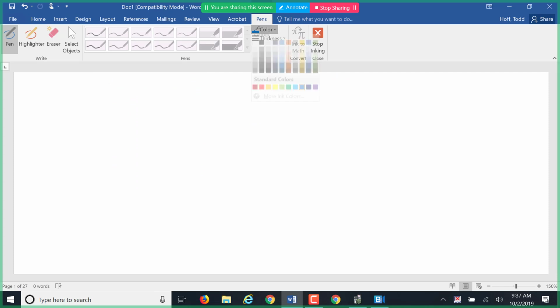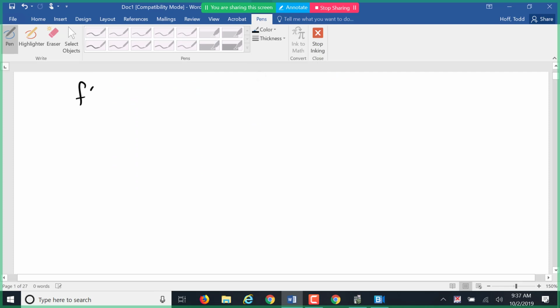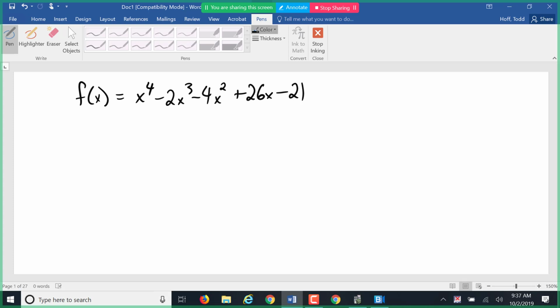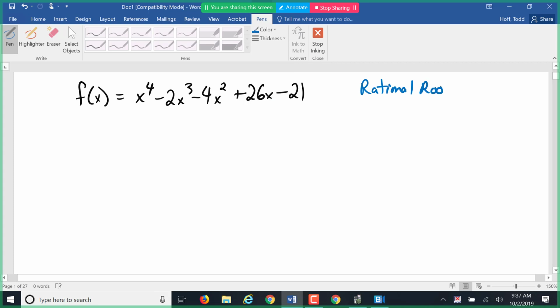So back to our original function here. f of x equals x to the 4th minus 2x to the 3rd minus 4x squared plus 26x minus 21. We use our rational root theorem to find possible roots.